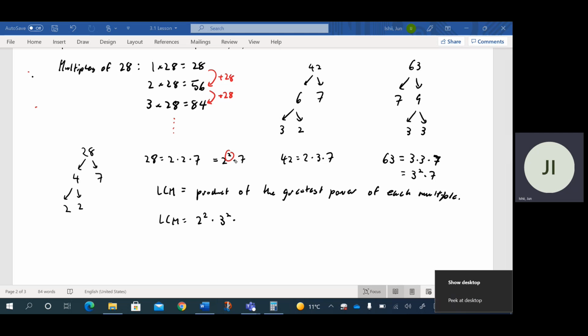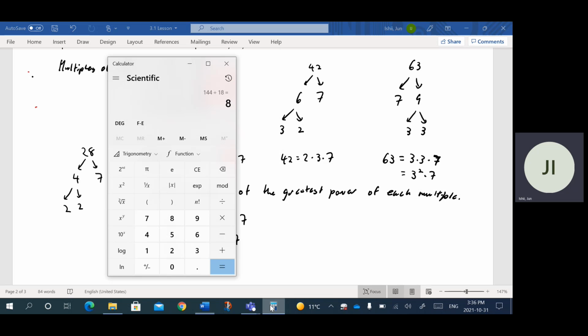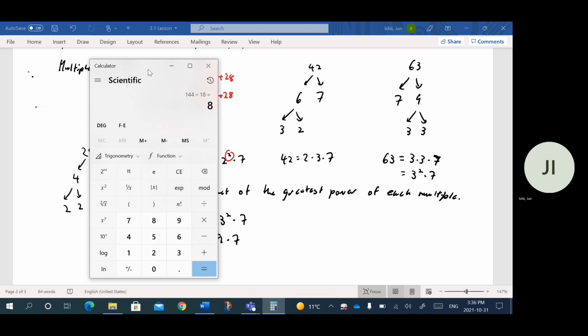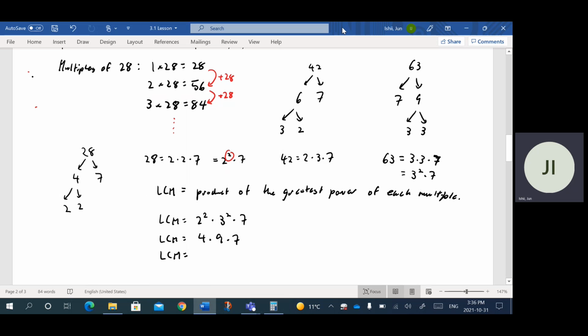And the highest power of 7 is just 7 to the first power. So the least common multiple is 2 squared, which is 4, times 3 squared, which is 9, times 7. That's 36 times 7, which I'm not going to do in my head. So 4 times 9 times 7 is 252.